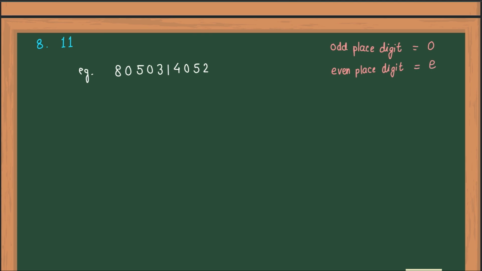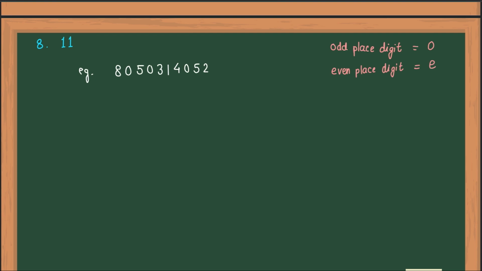Now, one thing that many of the students get caught up in is that they consider this odd place and even place as the same concept as odd numbers and even numbers. That is not the case over here. The simple case is that you start off with odd, the next digit will be even, then the next one is odd, then even, then odd.